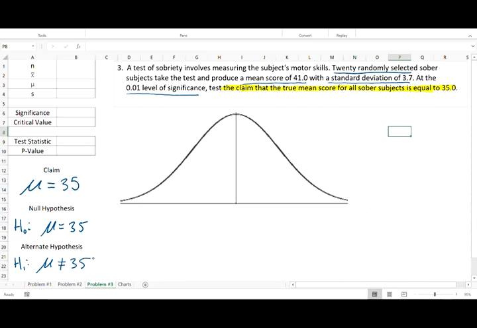There's no mention in the problem whatsoever about more than, less than, greater than, at least, at most. So there's no mention of anything related to an inequality. Okay, so the alternate hypothesis tells us in this case, it is a two-tail test.